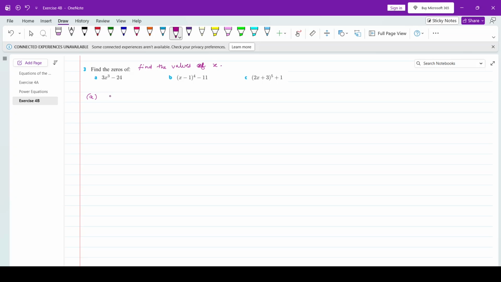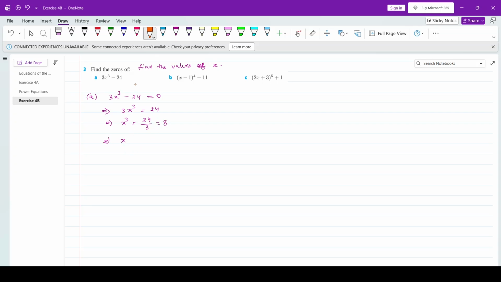So let's solve 3x cubed minus 24. Now, in case when it says find the zeros of, we need to equate this expression with 0. Therefore, 3x cubed is going to be equal to 24, and x cubed is going to be 24 divided by 3, that is 8.